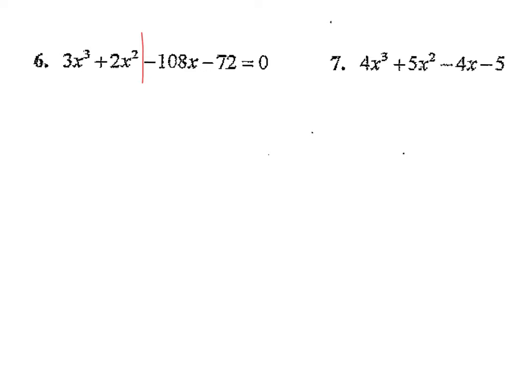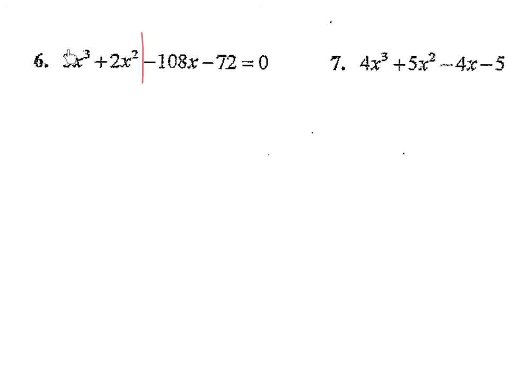And if you can find the greatest common factor overall before you split these into 2 groups, you should do that first. 3 and 2 are both prime, so I know that I'm not going to have a greatest common factor for all 4 terms, so that's why I didn't even do that one first.